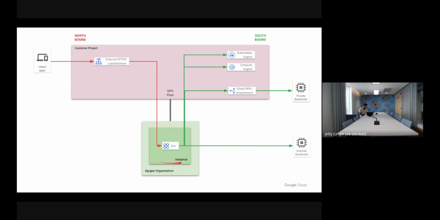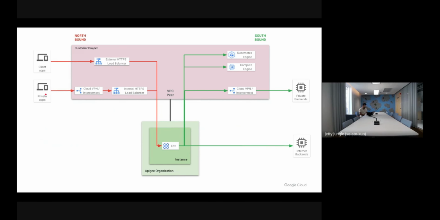So within this org, you have an instance and you have an environment running in that instance. And here you can have multiple environments and multiple instances as well. And this is the northbound, and this is the southbound, where you have connectivity to internal backends, or connectivity to your private backend, like I explained, either through a cloud VPN or interconnect.